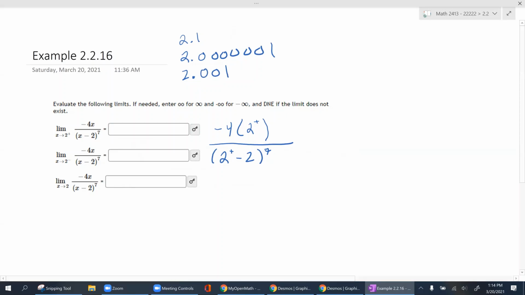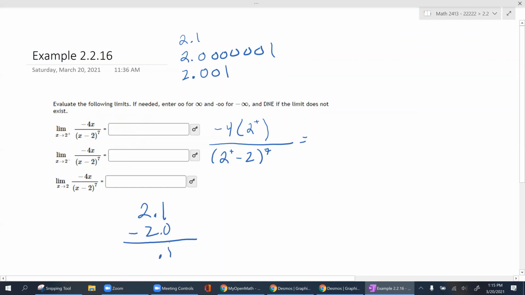You have 2, which is slightly larger than 2, minus a regular 2. What's left over? Is that going to be positive or negative? It's going to be positive, right? So 2 slightly positive minus 2. To visualize it, you can do something like 2.1 minus 2, which is positive 0.1.